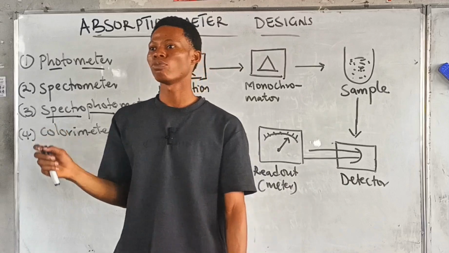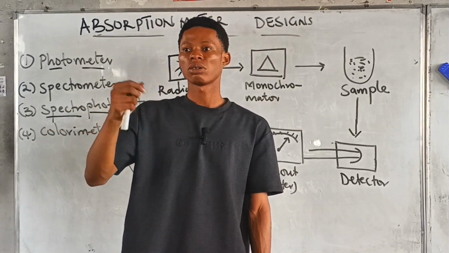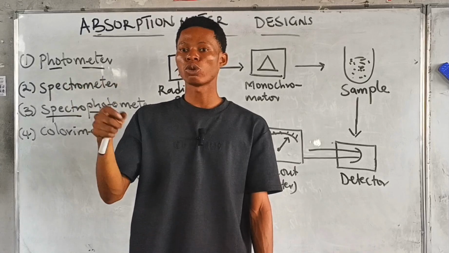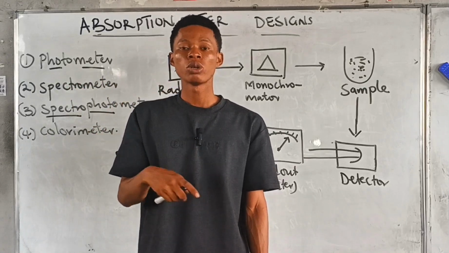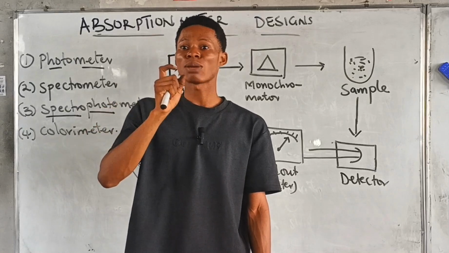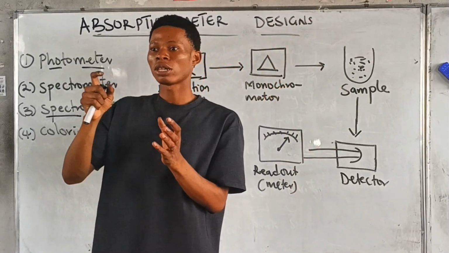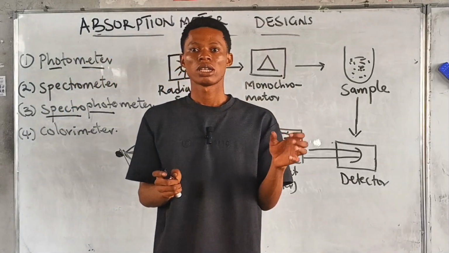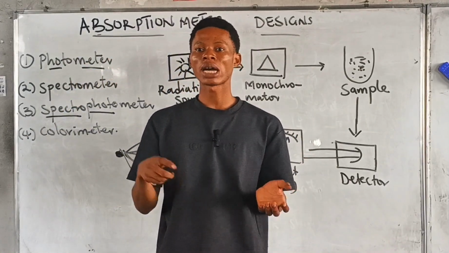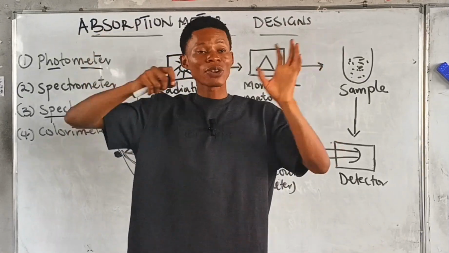If you are working in the lab with a spectrometer, we have what we call a filter. Advanced ones use a monochromator. Based on the color you want to check, if it is blue, blue has the wavelength it absorbs light best. Red has a wavelength it absorbs light best. So you always check. We have 520 nanometer, 320, 720, different wavelengths.